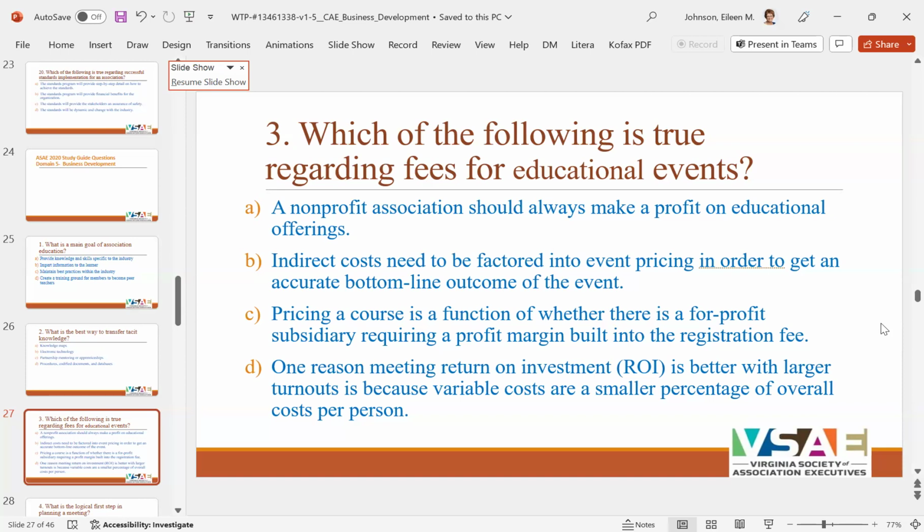True regarding fees for educational events. Do nonprofits always make a profit? No. So I'm going to eliminate A. Indirect costs need to be factored into the event pricing to get an accurate bottom line. That could be true. B could be true.